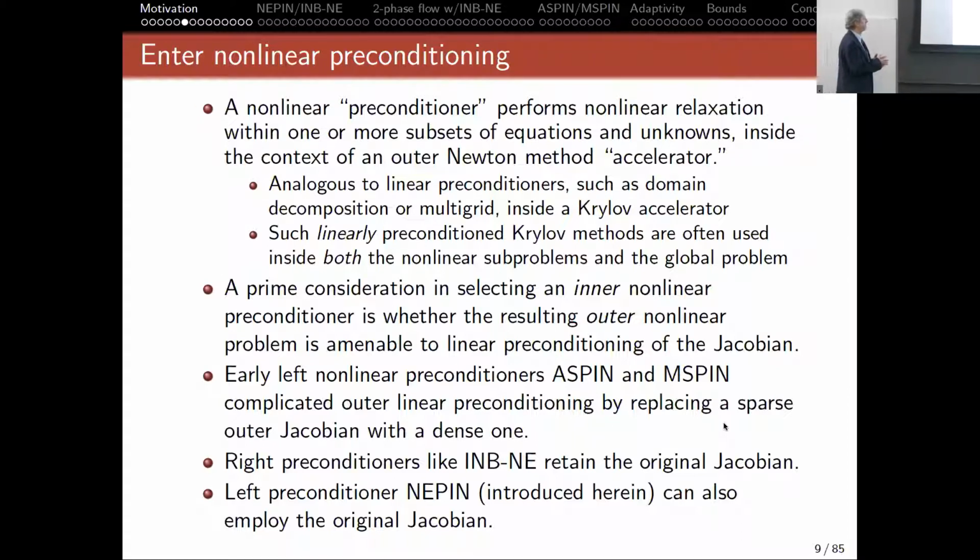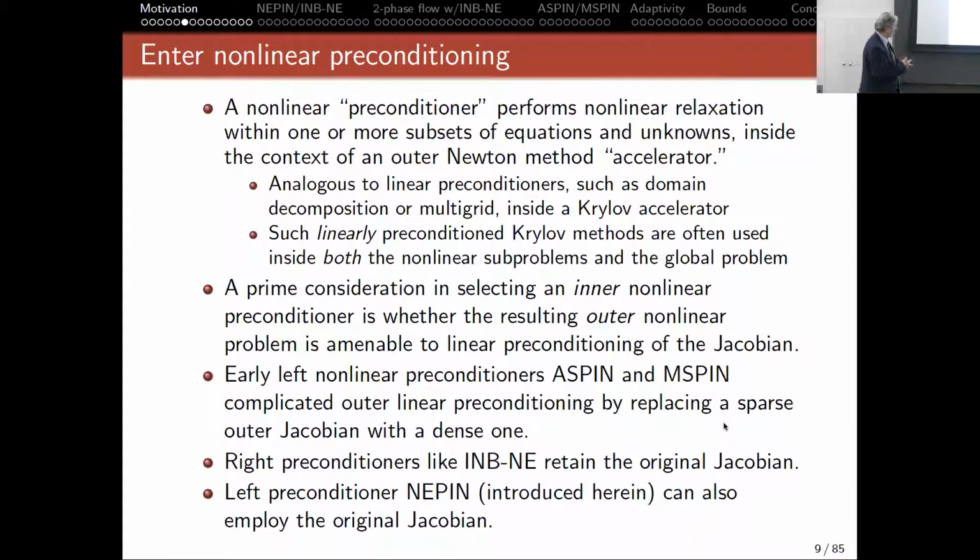The original nonlinear preconditioners, ASPIN and MISPIN, which go back 20 years ago, in 2002 actually, complicated the outer preconditioning by replacing a sparse outer Jacobian, the native finite discretization Jacobian, with a dense one where there were all these blocks from the sub-problem eliminations.